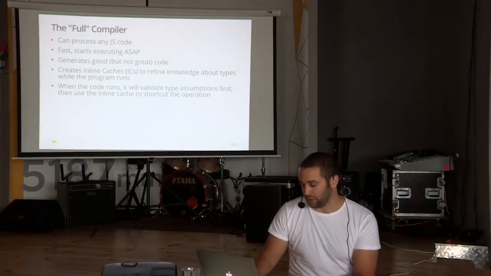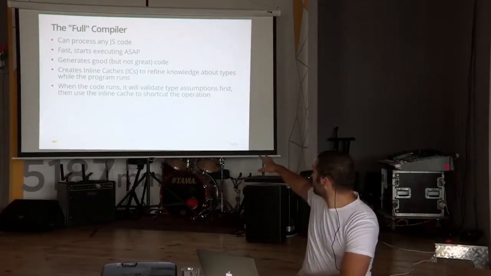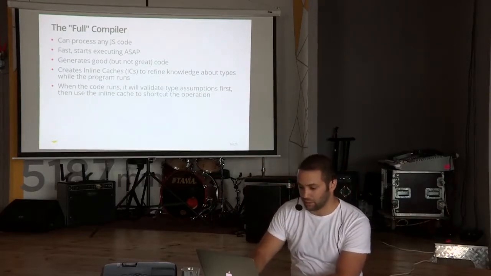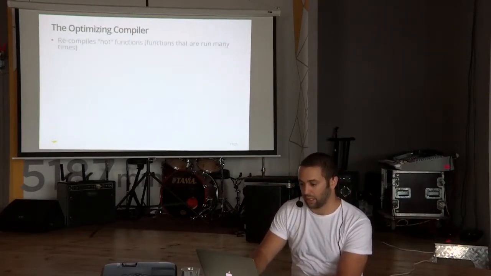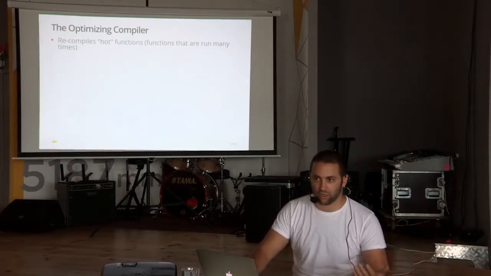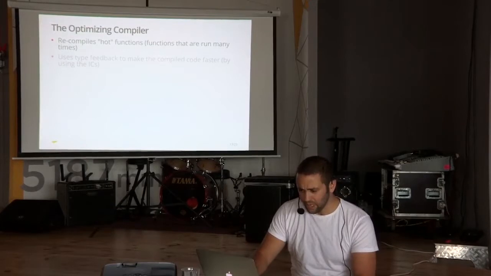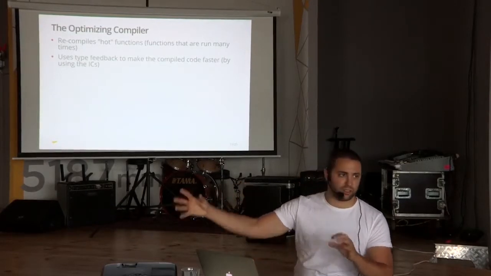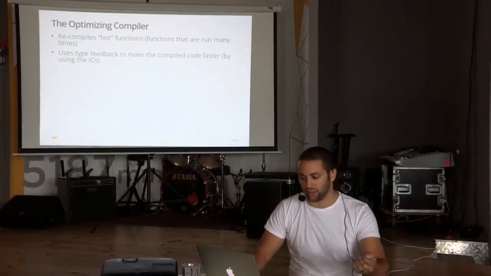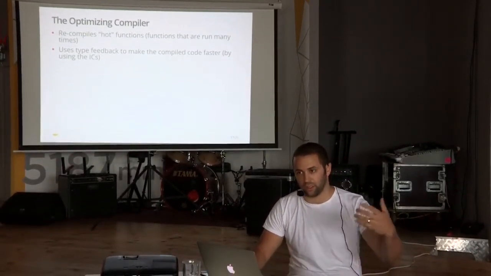So each time the function is run, it validates the assumptions that it made, and there's optimization it makes. Later on, this optimizing compiler runs hot functions, which are called a lot of times. And then sometimes it puts the functions in place in order to make it faster. And it uses the information that was collected with these inline caches.